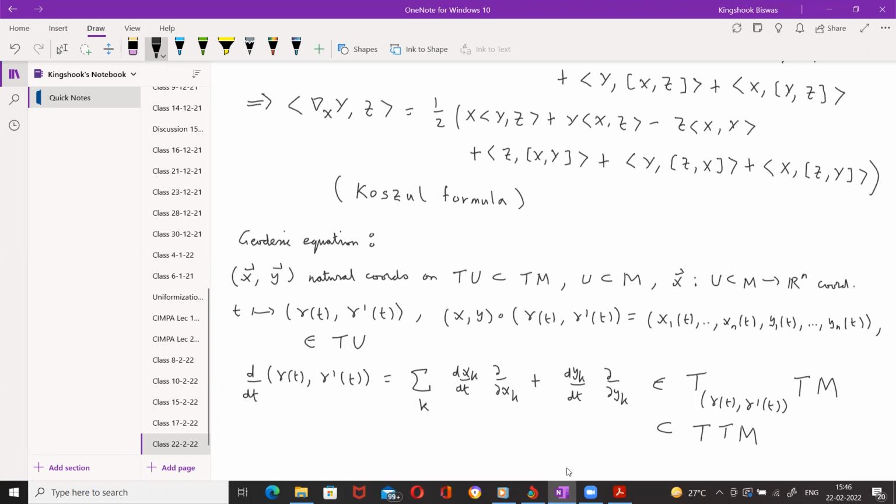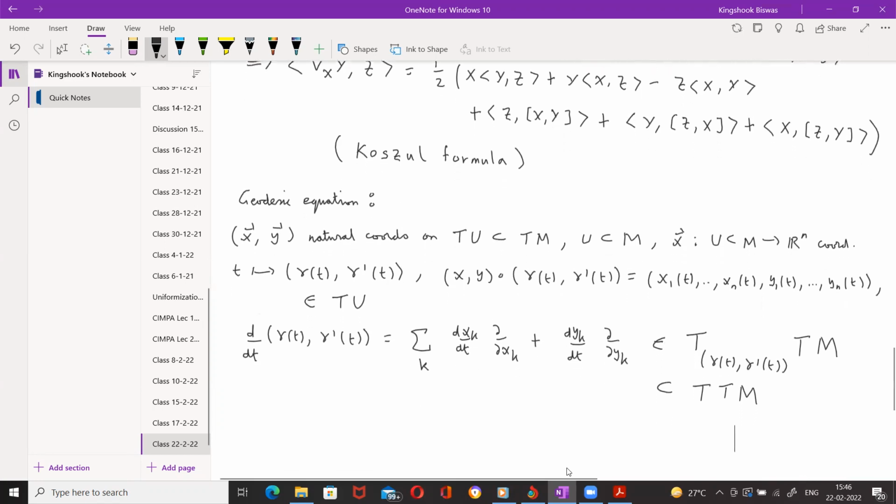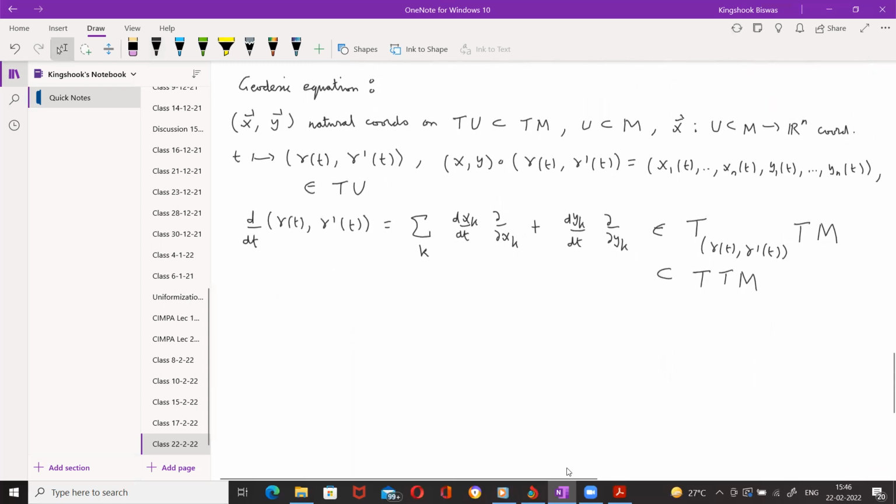Does this make sense? Yes? Right. I mean, this is general for any manifold. If I have a curve in a manifold, and with respect to the coordinates, let's call the coordinates zi, the coordinate functions become z1(t) up to zm(t), then gamma prime becomes the sum over i of dzi/dt del/del zi, right?